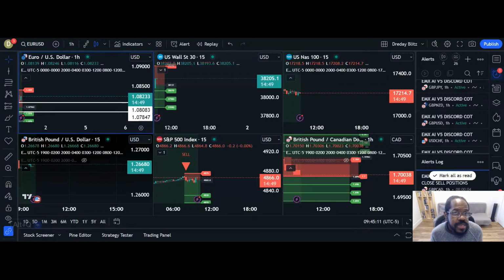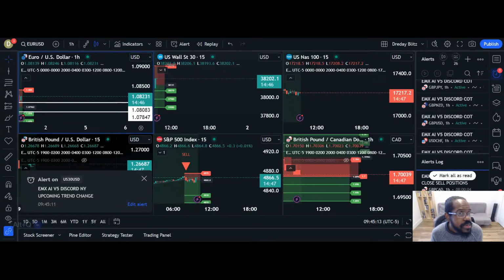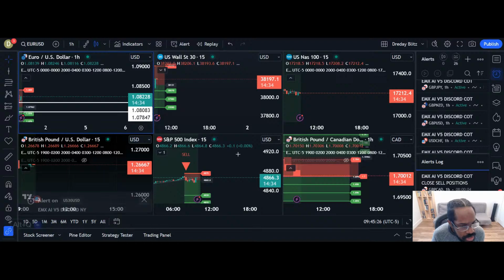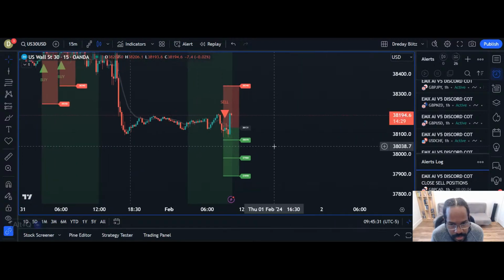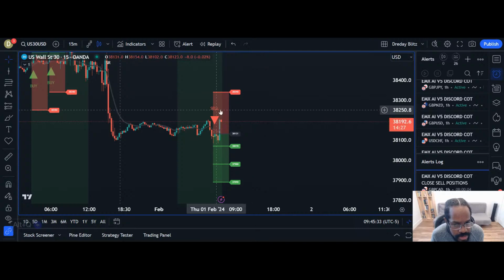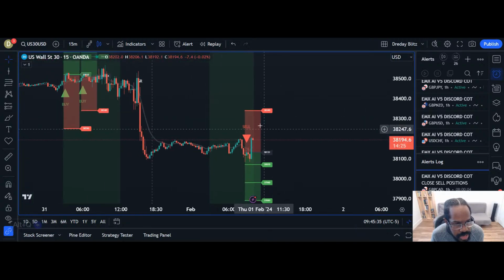All right, so let's see if we had any news. I'm just going to look at what had started to come in here. So we have an upcoming trend change here on US 30. So we'll see if it wants to go bullish. I think it was bearish already. Yes. So it seems to want to go bullish right now.